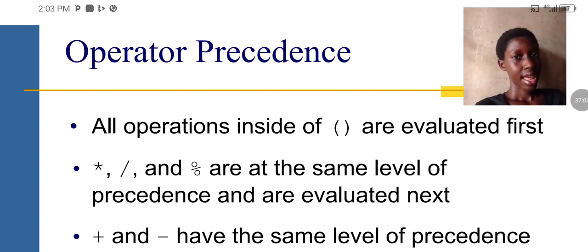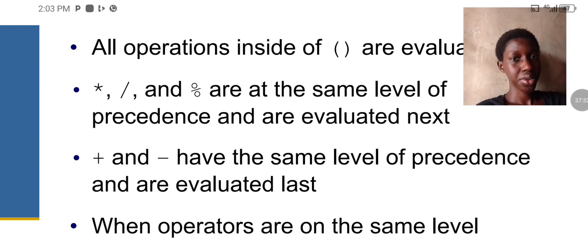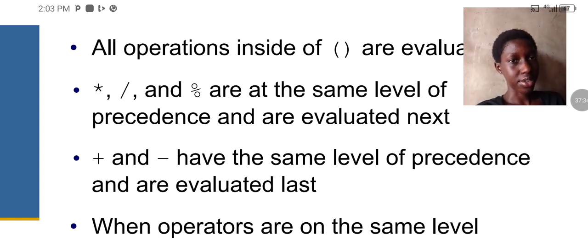Then if there is a multiplication, a division, or a modulo operation, that's what you evaluate next. They are at the same level of precedence, and they are evaluated after the operations inside the parentheses. After the multiplication, division and modulo, we also have the subtraction and the addition.